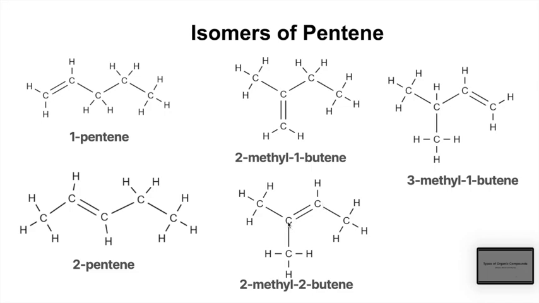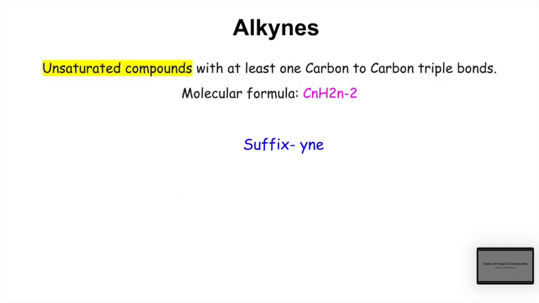So this is 2-methyl-2-butene. Here, numbering from this carbon, because we have the double bond here, not from the other side. 1, 2, 3, 4. So this is 3-methyl, because on the third carbon you have the methyl group. 3-methyl-1-butene. So these are the 5 isomers of pentene.